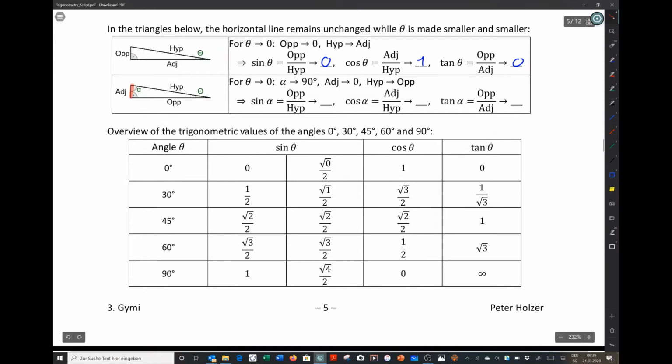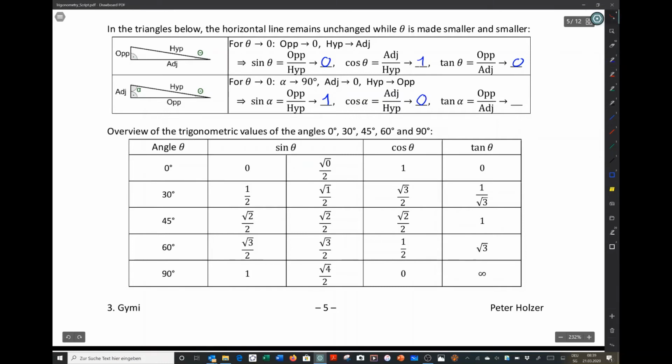This side here, the adjacent of the angle alpha, will become in the end 0, and the hypotenuse will have the same length as the opposite. Since sine of alpha is opposite divided by hypotenuse, we get a quotient of 1. For cosine of alpha, we have adjacent divided by hypotenuse. The adjacent becomes 0, so the whole thing becomes 0.